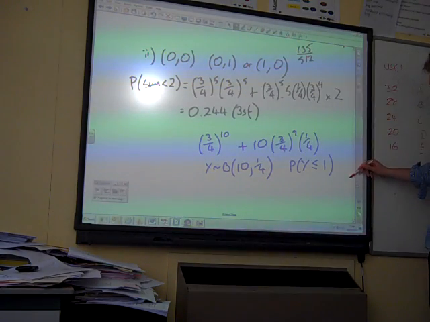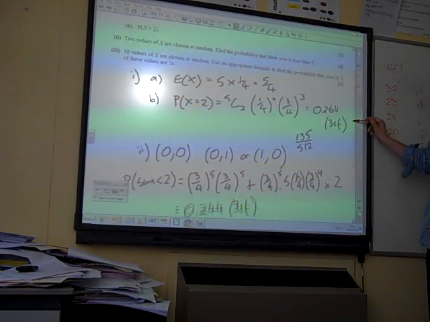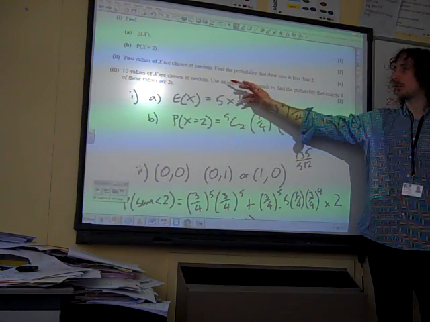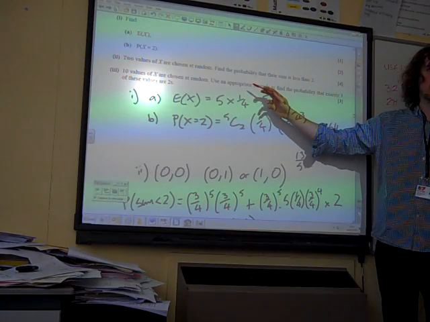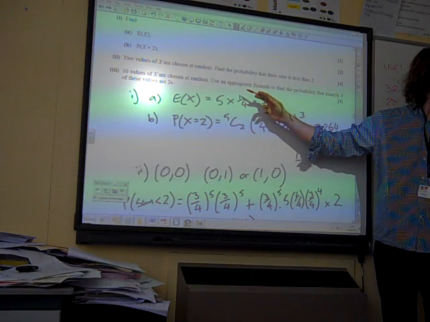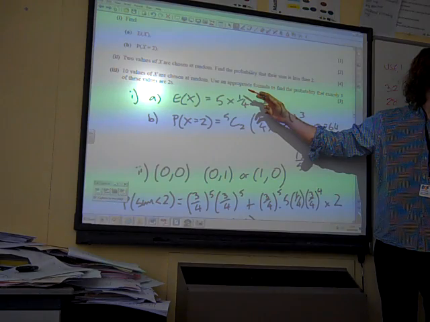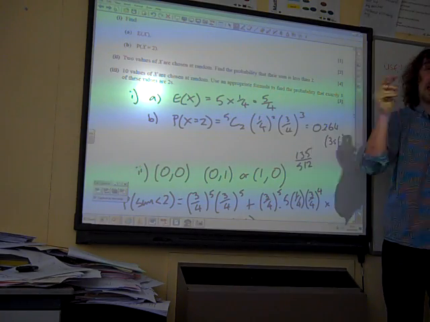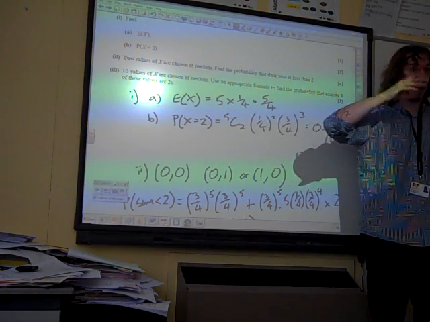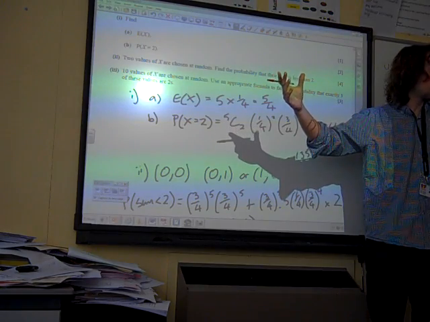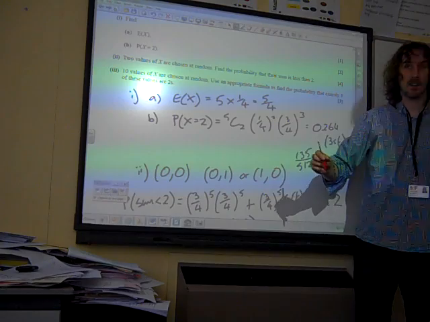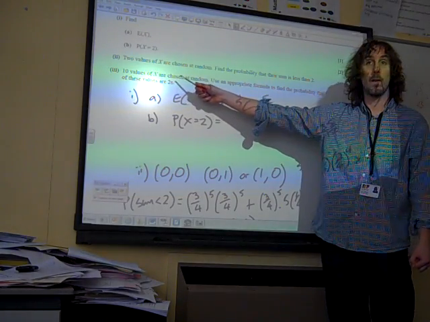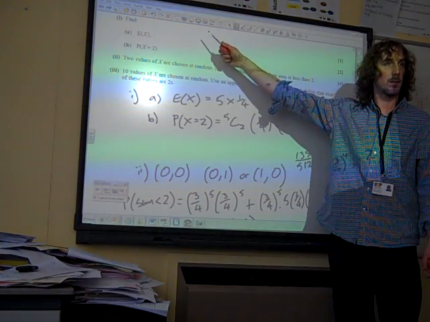Part 3. Now, this one says 10 values of x are chosen at random. Using an appropriate formula, find the probability that exactly 3 of these values are 2s. Well, we've now got 10 values chosen at random, so 10 independent trials, and the probability of a success isn't the quarter that it was before. A success is getting a 2 from our original deal.